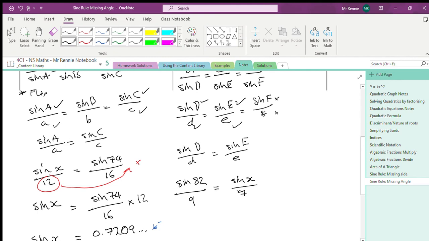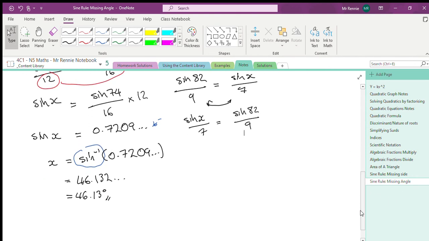Now you're going to see here that my last question has sine of X on the other side, or the angle I want to find on the first fraction. I'm just going to swap these round just so it makes my working a bit neater and more like how the last example was. So sine of X over 7 equals sine of 82 over 9. That way it will just help me keep my answer succinct.